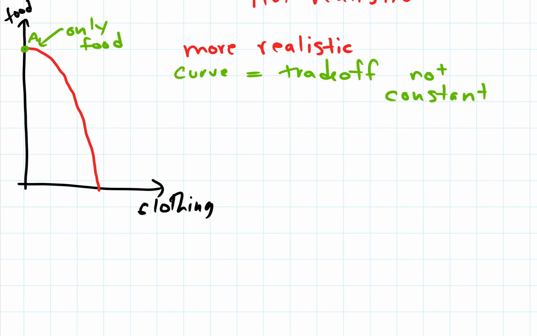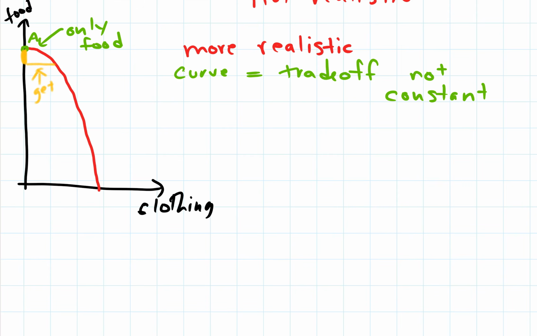At first, the trade-off is going to be really little. Suppose you're all making only food and you want a little bit more clothing. Then we give up a little bit of food, and we get a lot of clothing. We give up a little bit of food, that's here, this is the give-up. I'm not going to label it because it's a little too close to the edge.